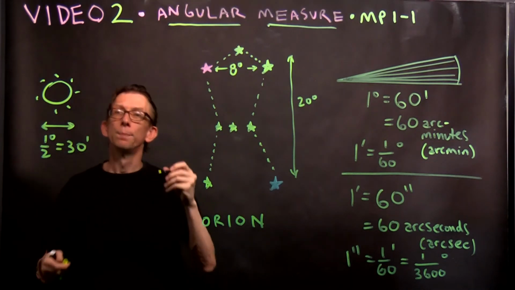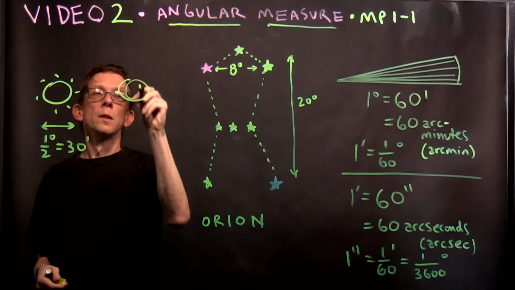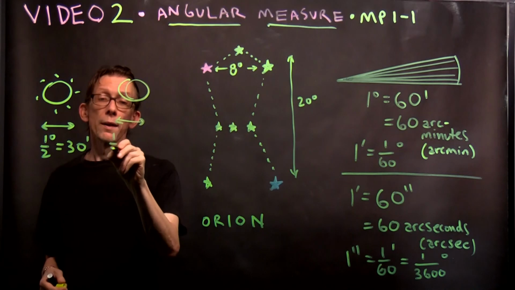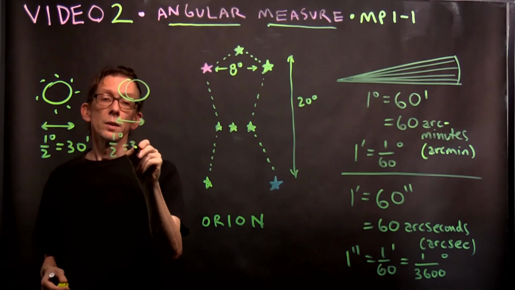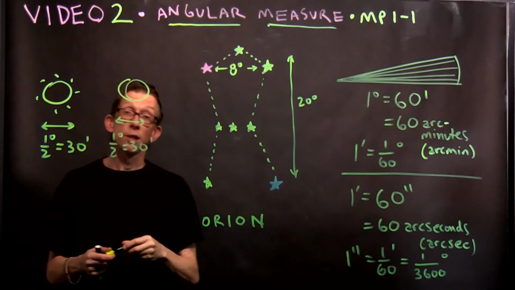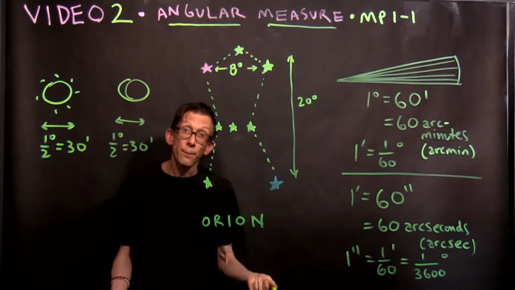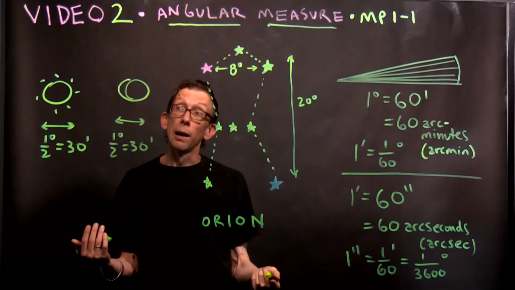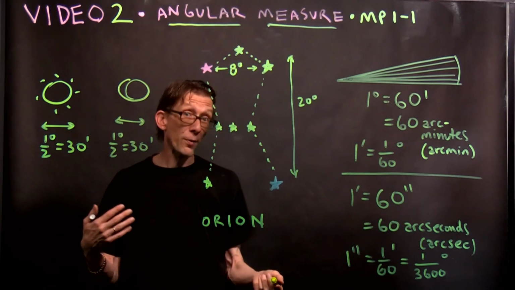And it turns out that the moon is the same size. 1/2 degree, 30 arc minutes. It just worked out that way. The sun's about 400 times bigger than the moon, but it's also 400 times further away.